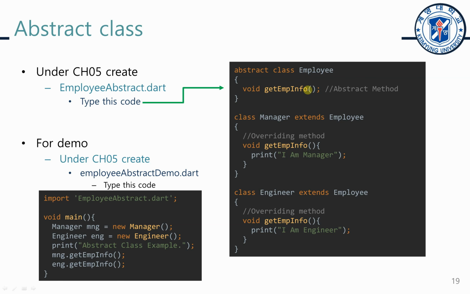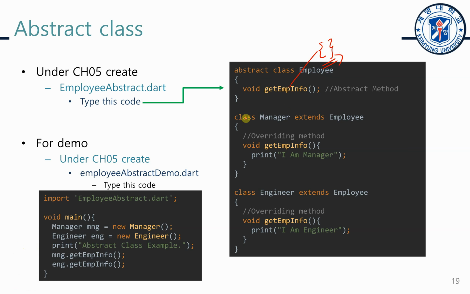And then you can see that the method has no implementation. That means there is no brace or there is no arrow. So this method is not enclosed in curly braces, so it is not implemented, or there is no body of this method.